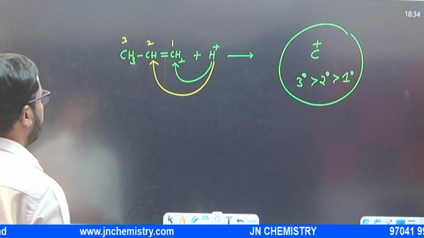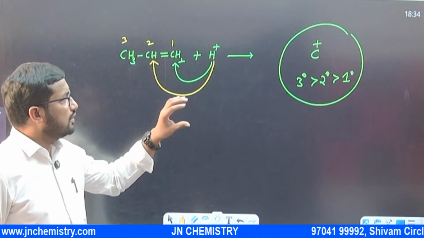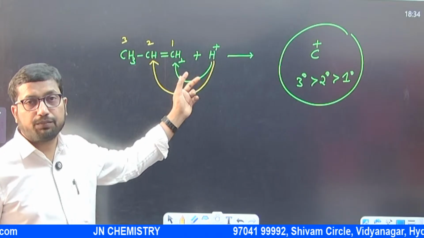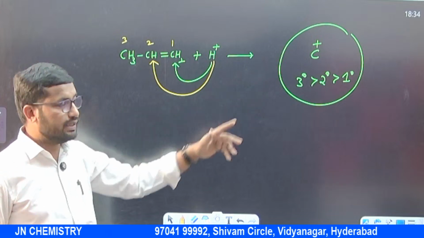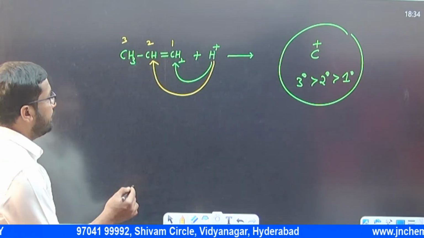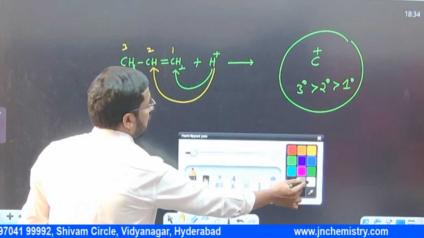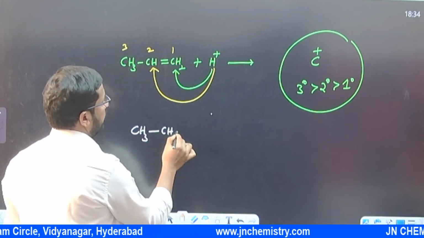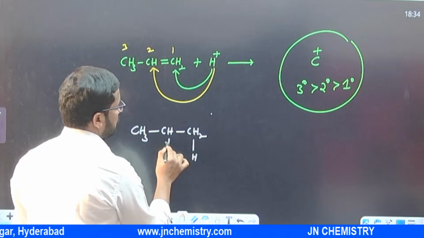Right, so we'll do one thing. I'll write both and you need to decide where it is attacking. Where H plus attacks is decided by the carbocation intermediate. For example, if H plus attacks the first position, CH3, CH, CH2, H plus.